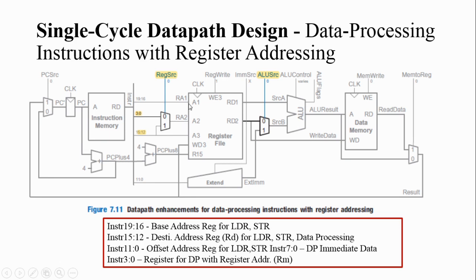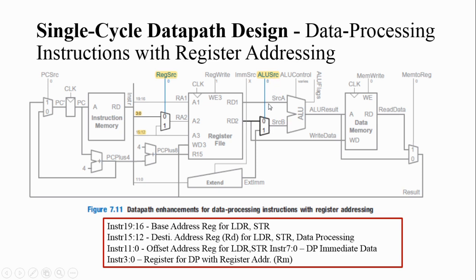Then the first operand value will be getting here, the second operand value will be getting here, and in order to incorporate the previous immediate addressing mode feature also, you are adding the second multiplexer here. The control signal is ALU source. If ALU source is 0, you will be sending the second operand.